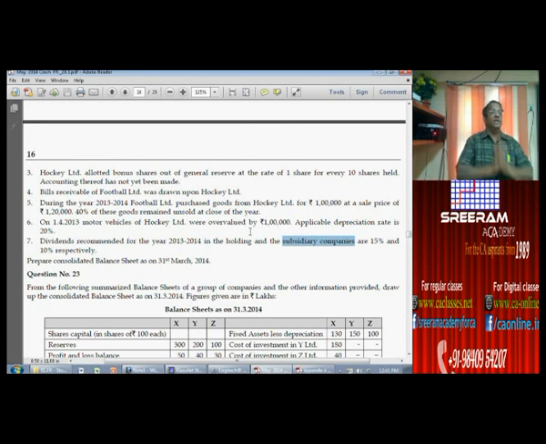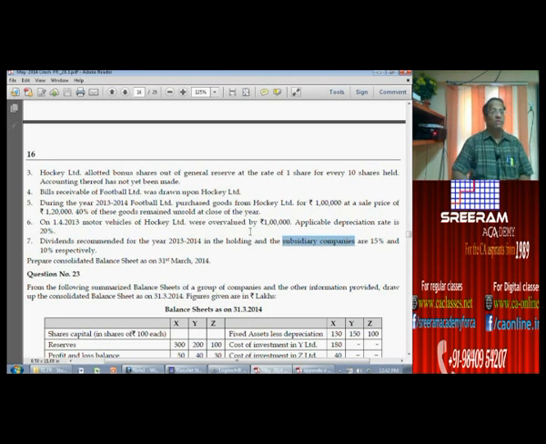Now let me repeat once again the discussion. If I have to report the group proposed preference dividend, we should not report only the preference dividend of the parent alone. The group as a whole would be required to pay the parent's preference dividend as well as the minorities' holding on the preference share capital of subsidiary. The same way, proposed equity dividend of the group is not the equity dividend to the shareholders of parent alone, but even for minority also, to whom they have to pay.